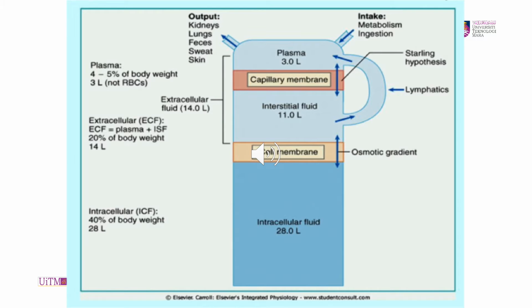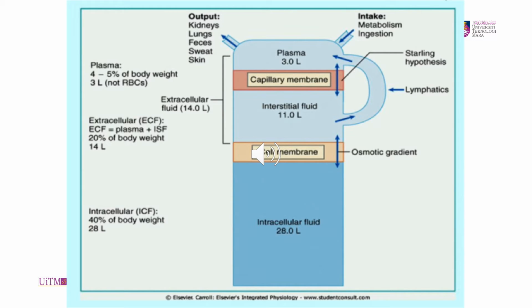This graph is showing how the intercompartment interacts with each other from plasma to interstitium to intracellular fluid. And you can see here how the fluid in plasma is being maintained by the intake as well as the output. And in between the plasma and the interstitium, there's capillary membrane, which lies the capillary Starling's law.